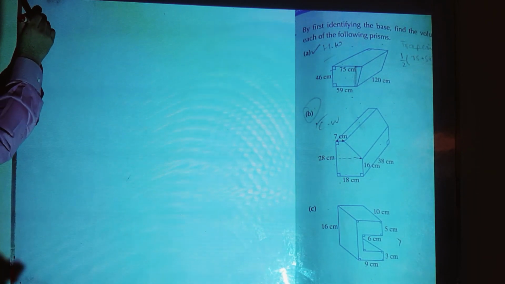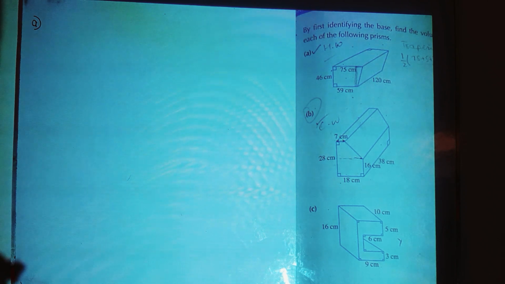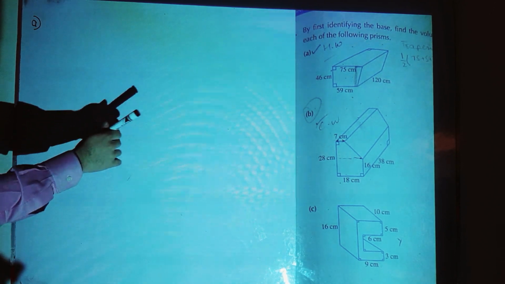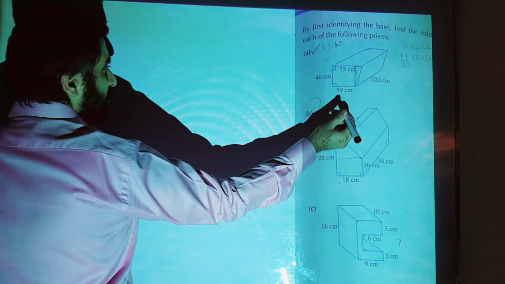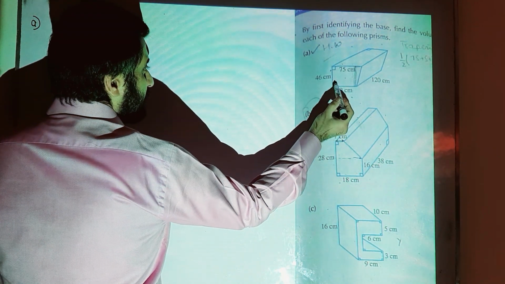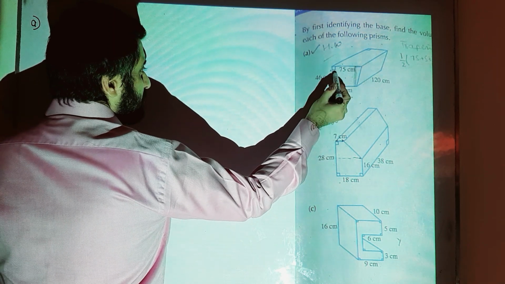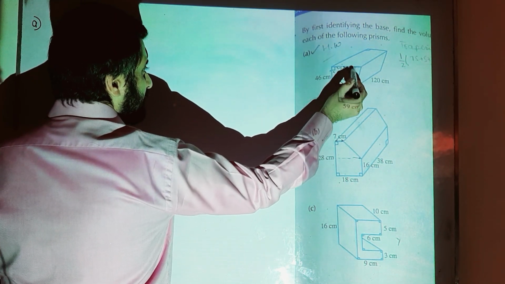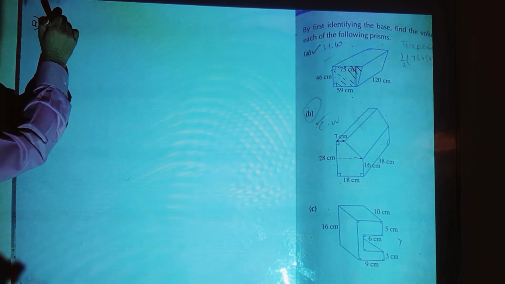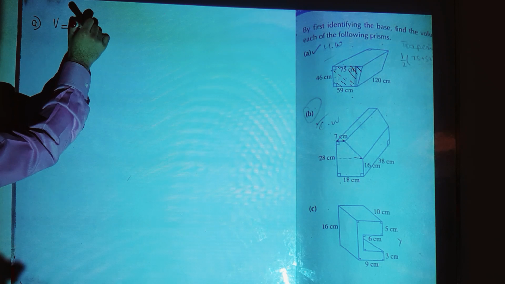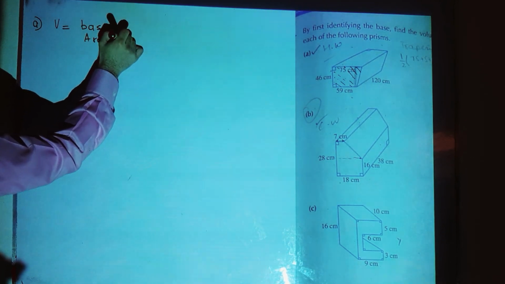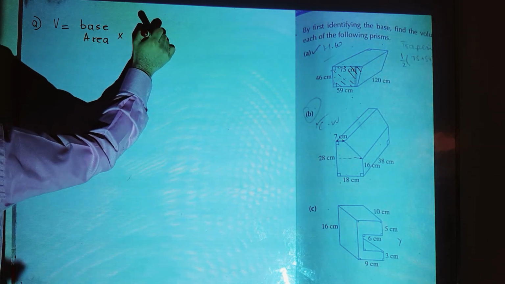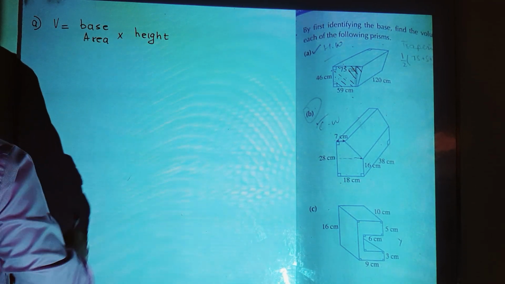Now, for part A, the prism given is this one. So first of all, going through the process, identify the base. This shape, which is a trapezium, is the base. So volume of prism is basically base area times height of prism.